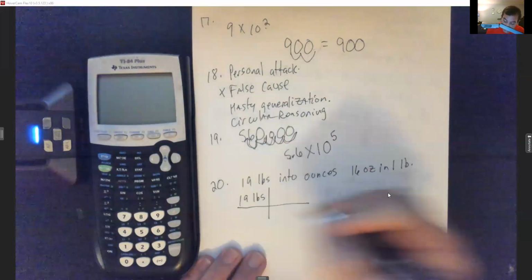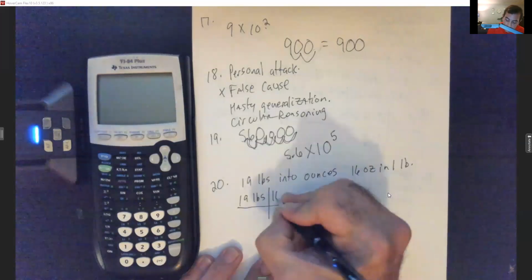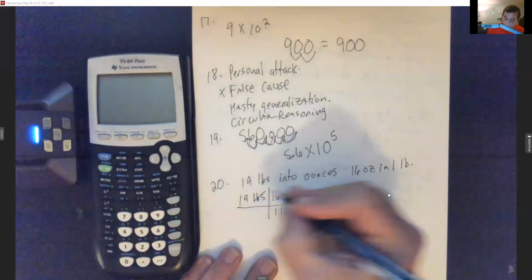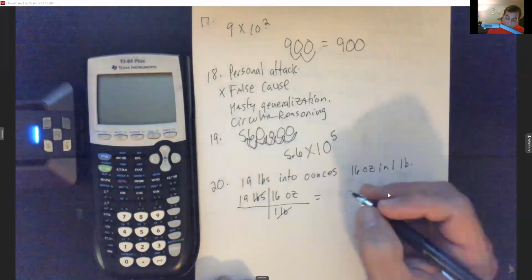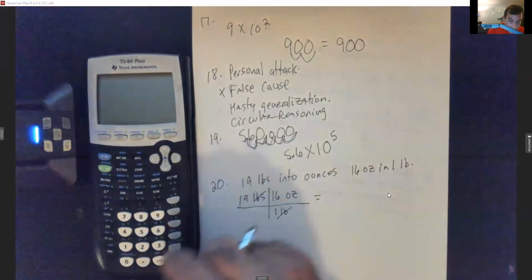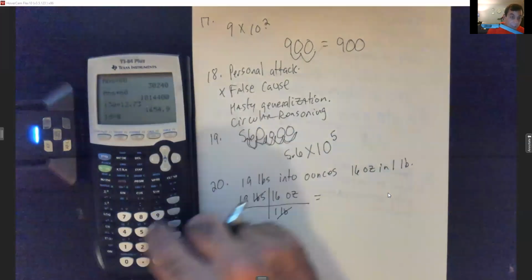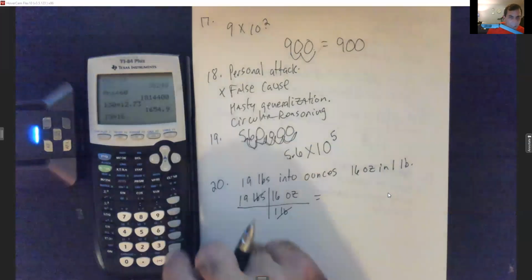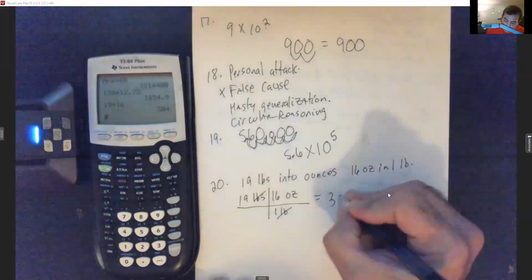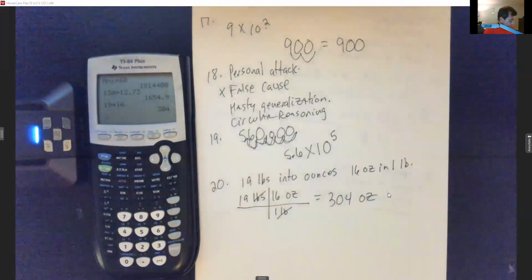Over here, it tells me every 1 pound is 16 ounces. So see, the pounds are going to cancel. So basically, I take my 19 times my 16. 19 times 16, and I get 304 ounces.